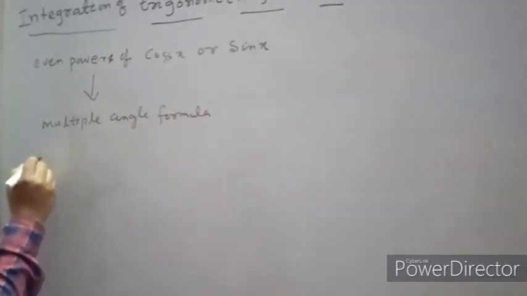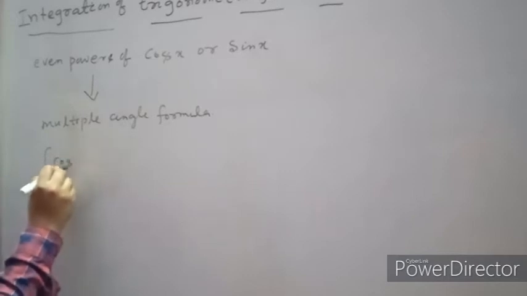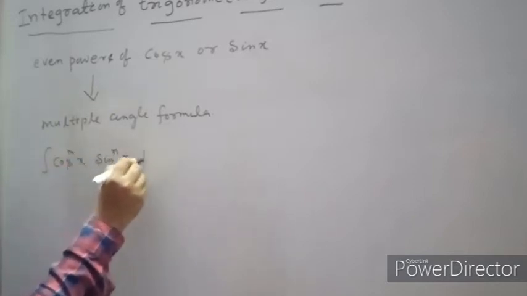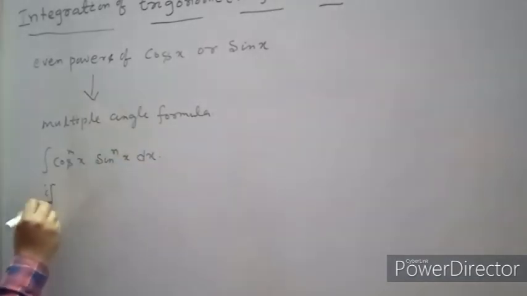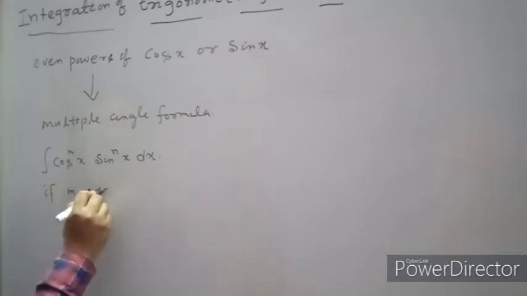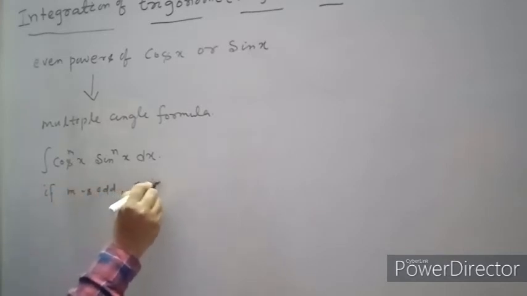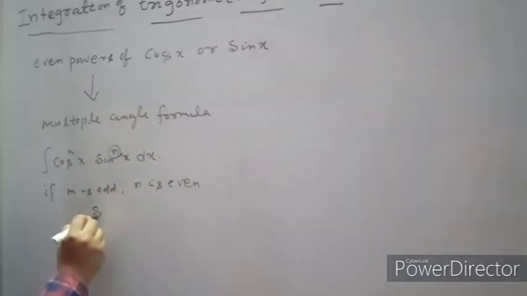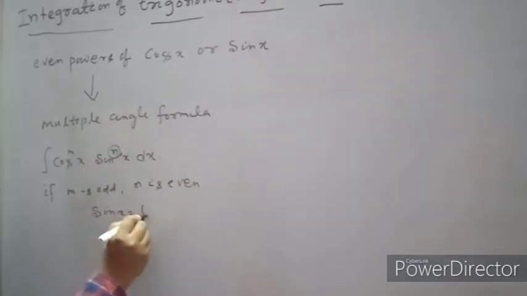Now come to the next thing. Suppose integration cos to the power m of x, sin to the power n of x dx. If one of them is odd, say if m is odd, n is even, then you have to put sin x equal to t.